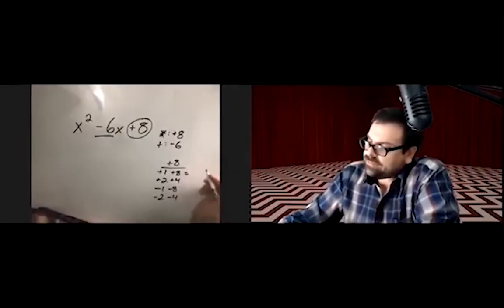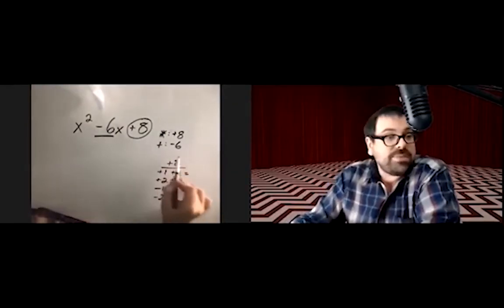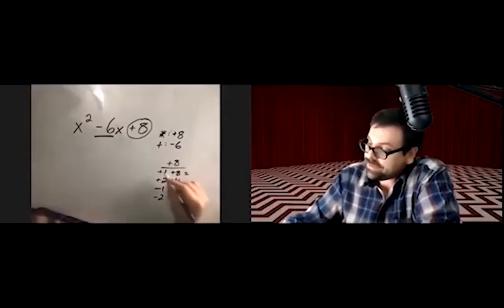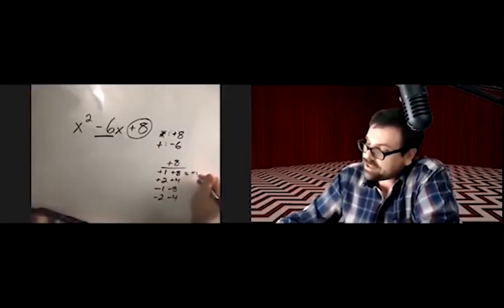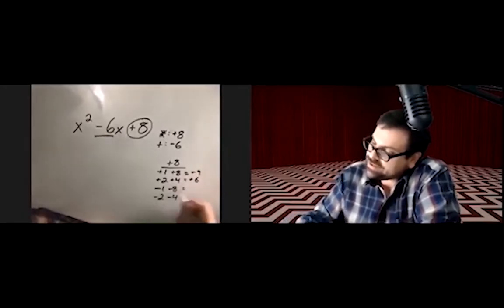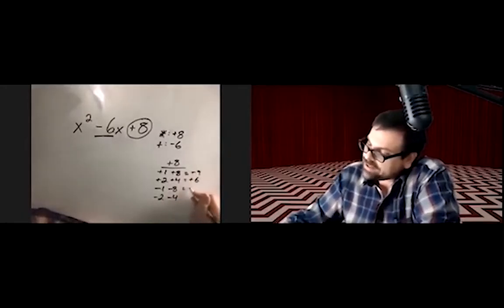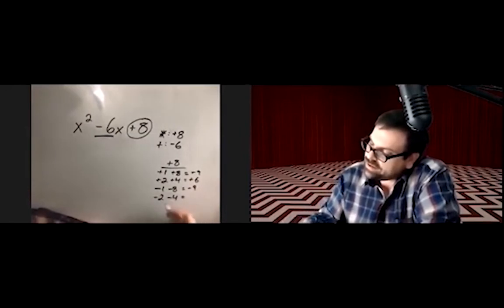If we add them, we're looking for the one that would add to be negative 6. 1 plus 8 would be positive 9. 2 plus 4 would be positive 6. Negative 1 minus 8 would be negative 9. Negative 2 minus 4, that one's negative 6.